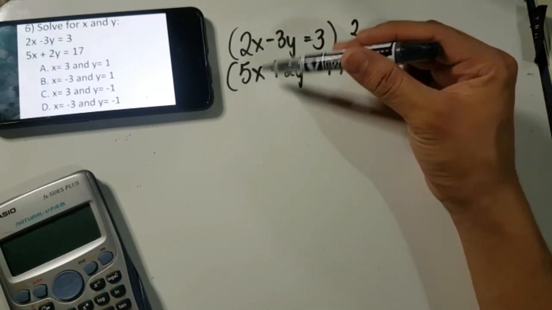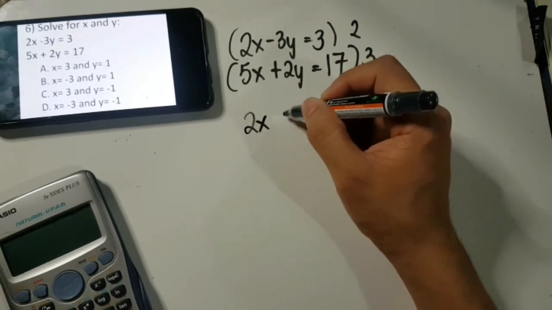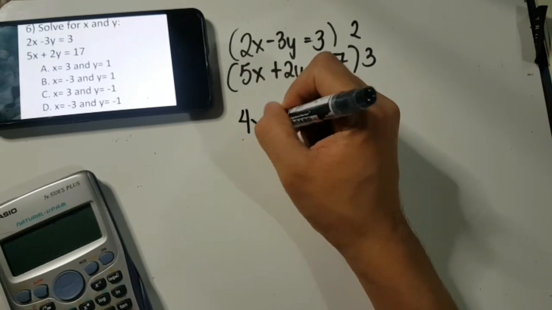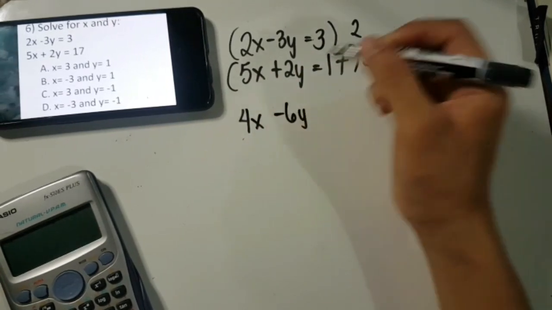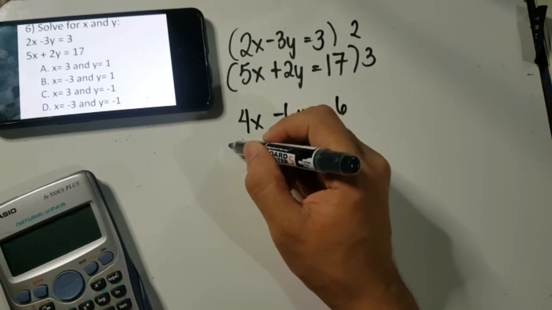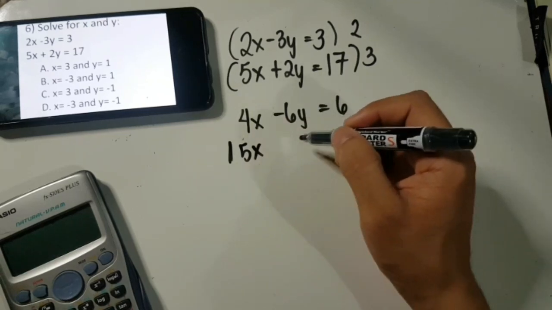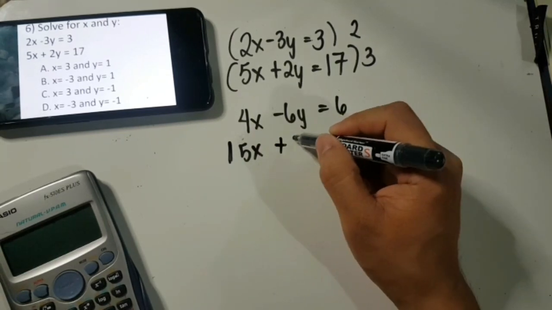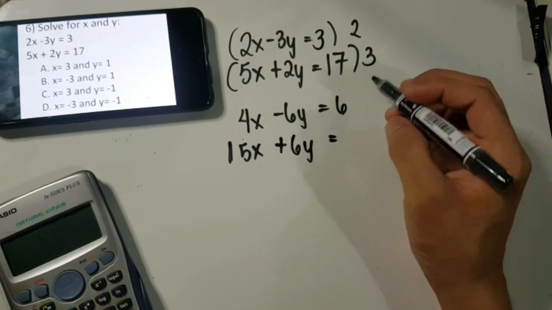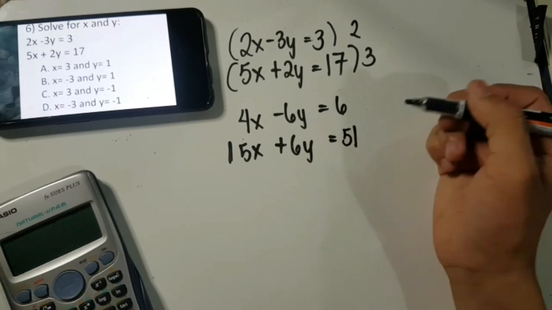And 2x remains. So, let's do it. Anyway, 4x minus 6y is equal to 6. Then 3 times 5x, so 15x, plus 6y is equal to 3 times 17, that is 51.